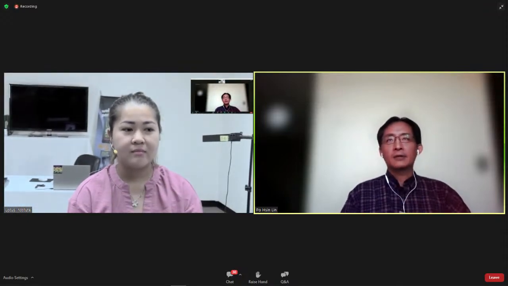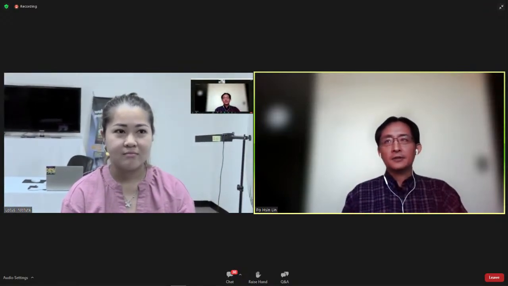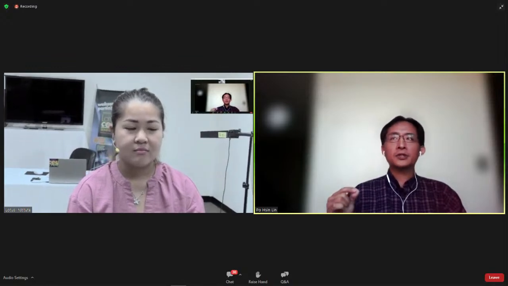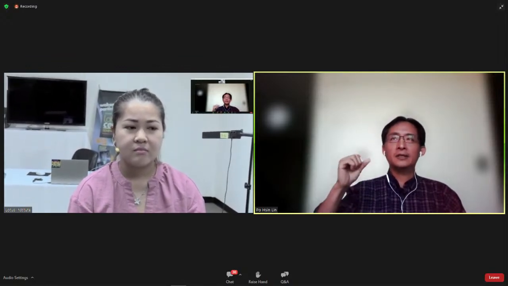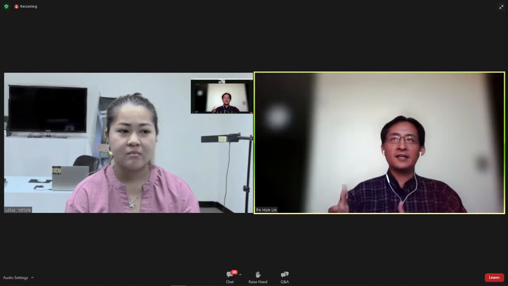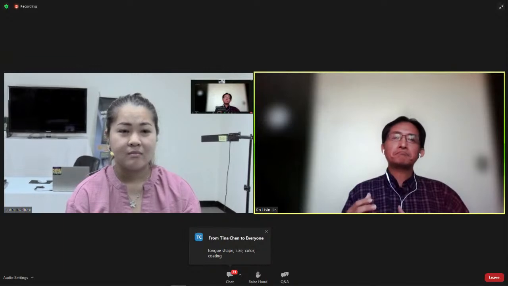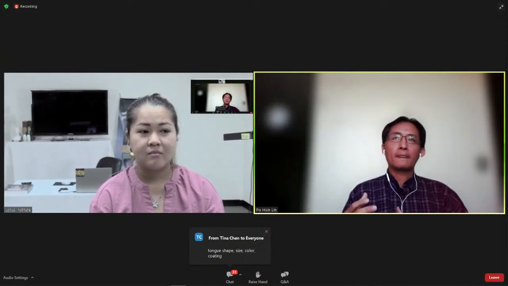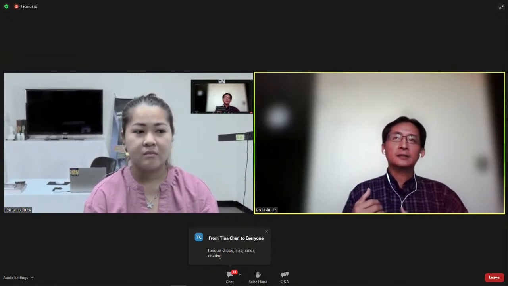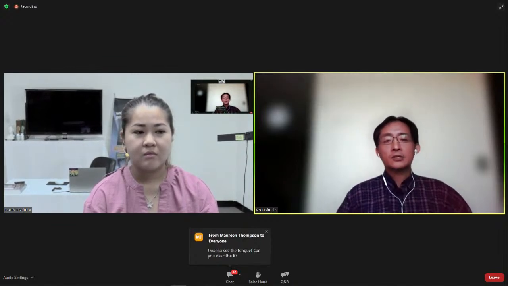The second is the color. The third is the coating, including its color and whether it is thin, thick, or greasy. That can also tell us about the condition of the patient's GI function.